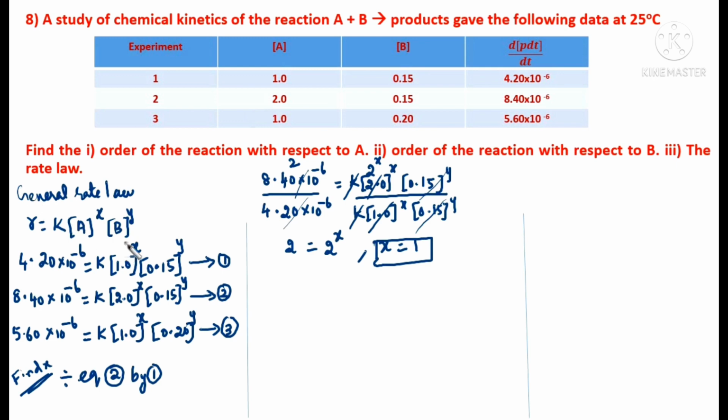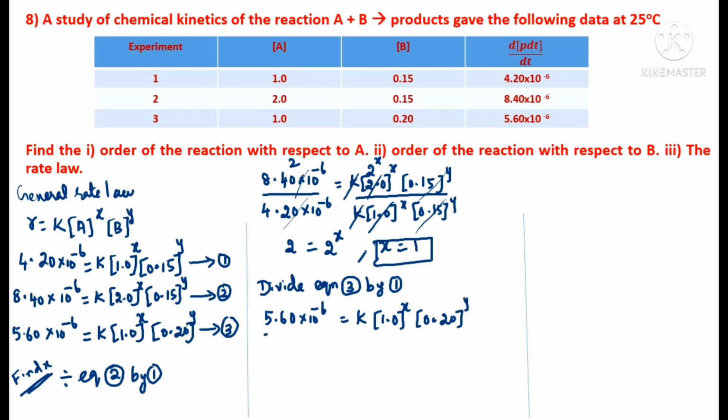In the same way you are going to find out the value of y now. For that I am going to divide equation 3 by 1 to find out the value of y. What is equation number 3 now? 5.60 into 10 to the power minus 6 is equal to k into 1.0 to the power x into 0.20 to the power y.